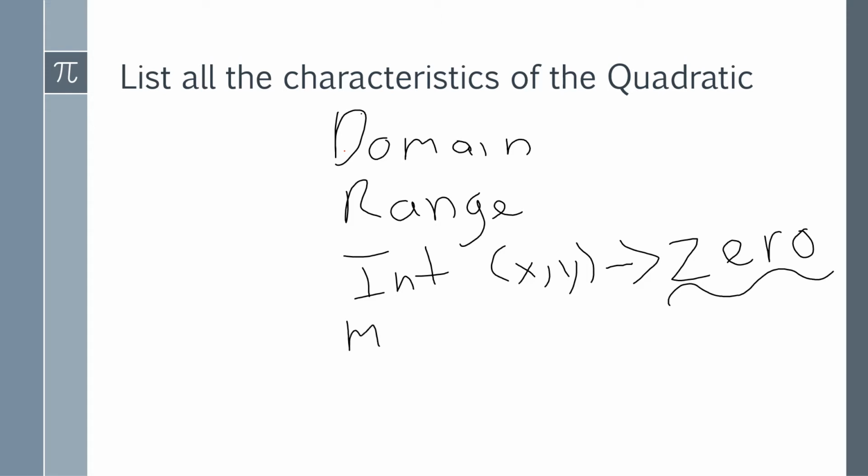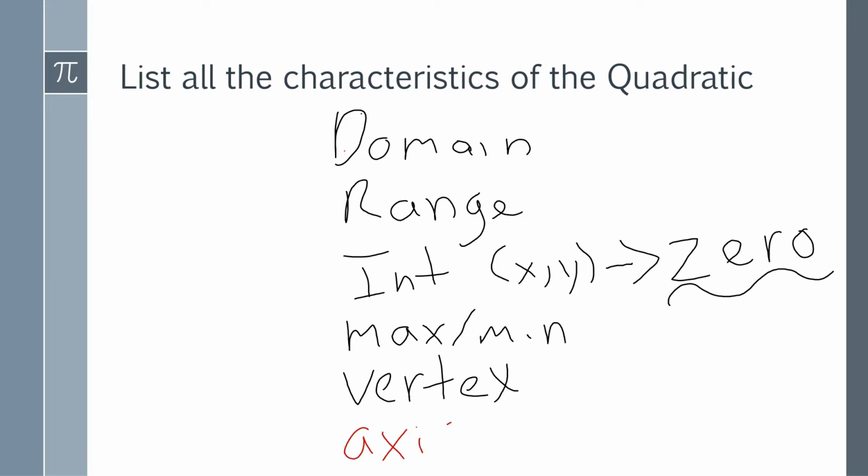The max, min, vertex, and axis of symmetry.